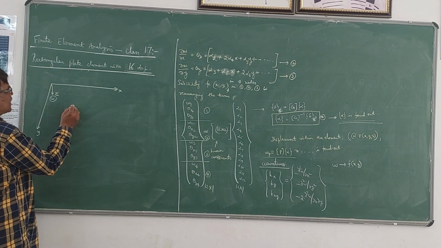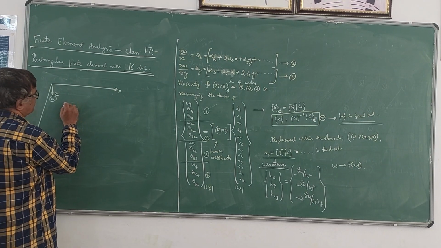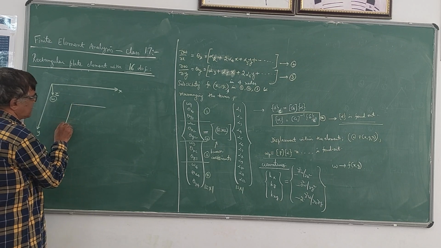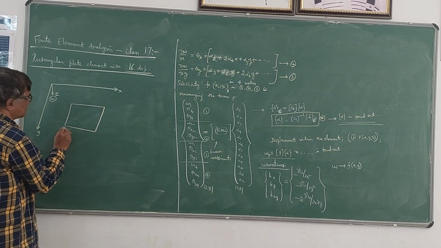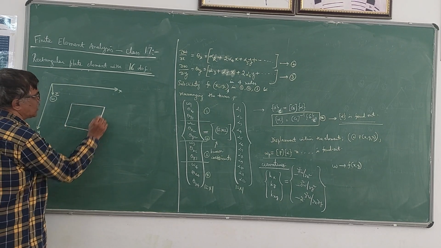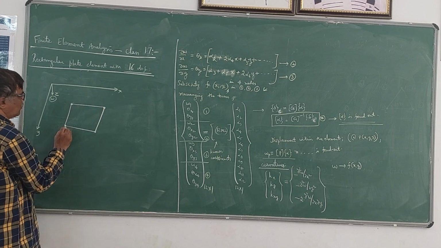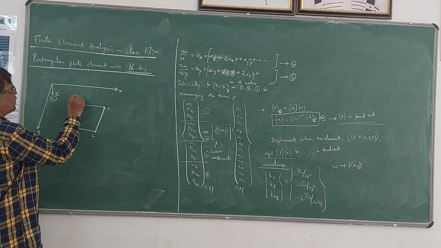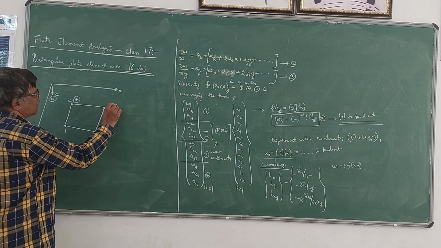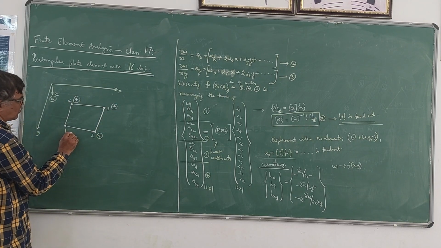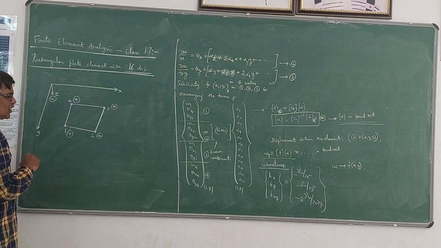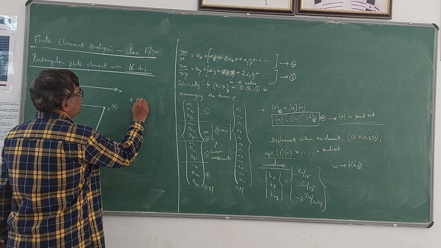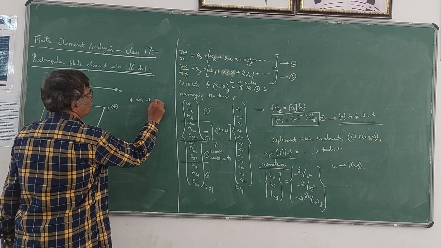Z is the vertical axis, and you have the rectangular element something like this. There are 4 nodes here, 1, 2, 3, 4, and at each node you will be having 4 degrees of freedom.